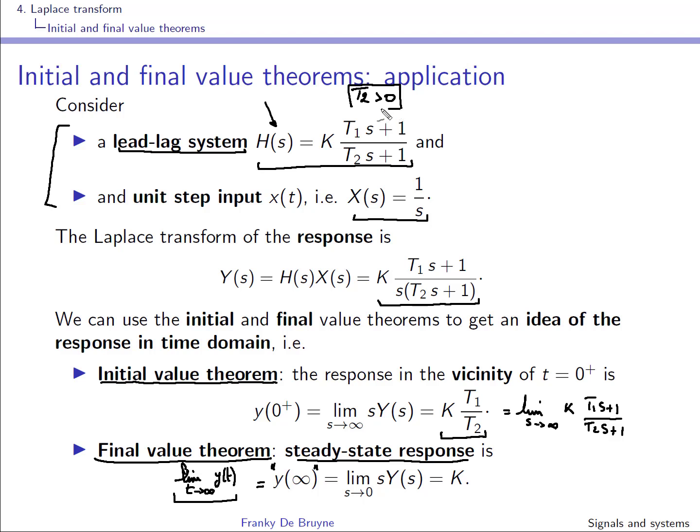Otherwise the system would be unstable and it would make no sense at all to compute the steady state response. So let's take this limit over here, and it's the limit as s tends to 0 of k (t1 s plus 1) over (t2 s plus 1), and this is indeed k, right?